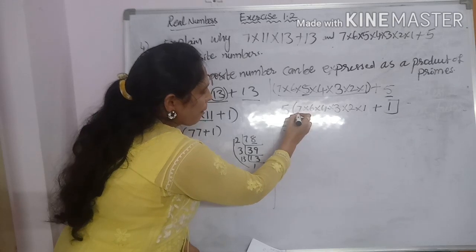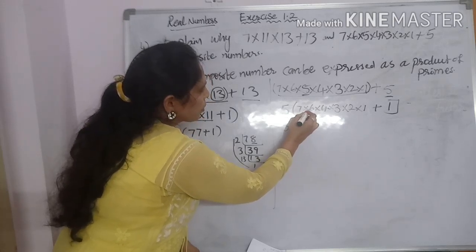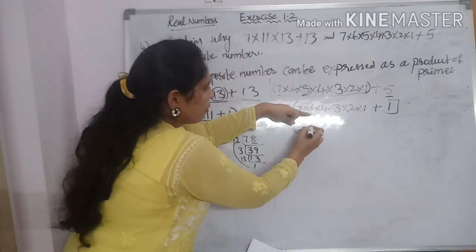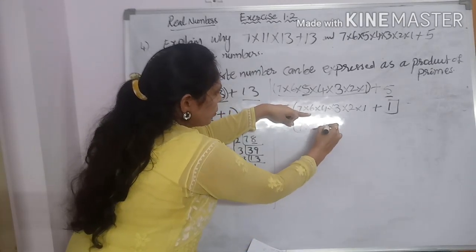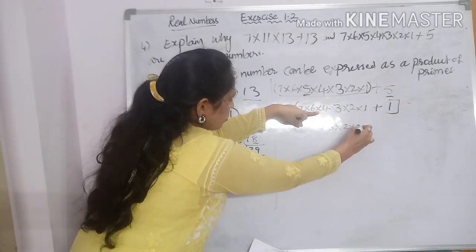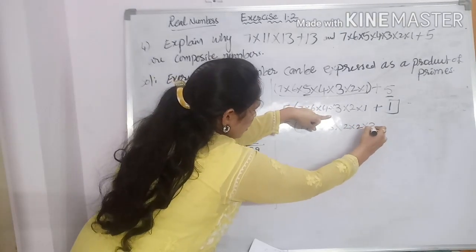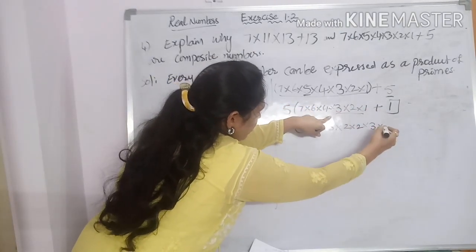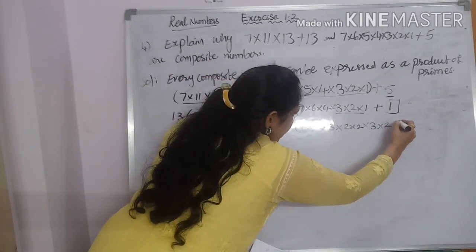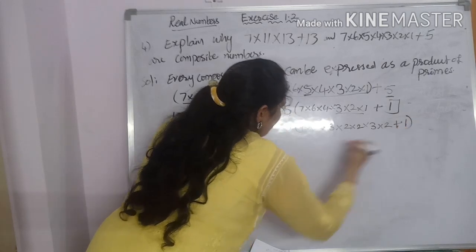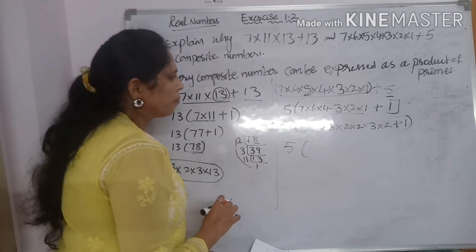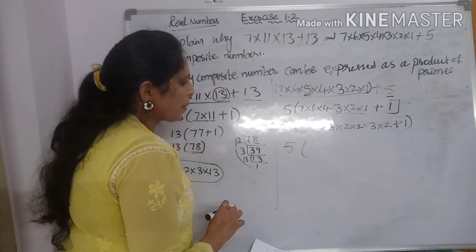Multiply all these. 7, 6: we can write it in the form of primes, so 2 into 3. This 4 we can write as 2 into 2. In this, write as it is. Why? Because these are prime numbers. So 3 into 1 plus 1. Multiply all these.